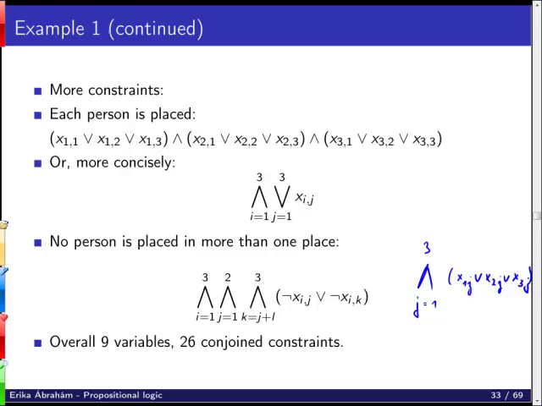So each person is in one of the chairs. And then you have that no person is placed in more than one place. So each person is at exactly one place. And now what was still missing is that they can take the same chair. So for example, all 3 persons can sit in the left chair.